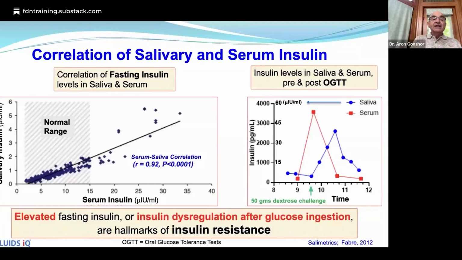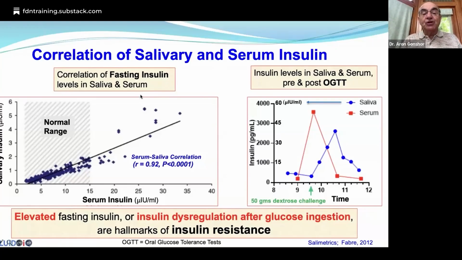So we're looking here at a correlation of salivary and serum insulin. On the left, you see what happens with fasting insulin. Is there a correlation? There sure is. It's very linear. What about insulin levels in saliva and serum when you have actually stressed the system with that carbohydrate challenge?